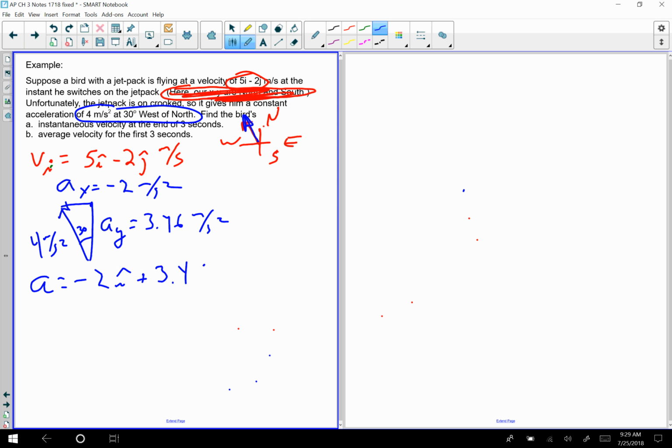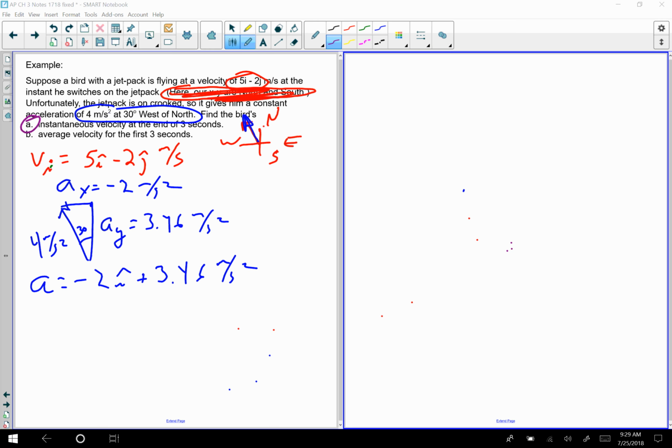Okay? Now, here it asks for the instantaneous velocity at the end of 3 seconds. Well, look, we've got a constant acceleration, so we can use our kinematics equations. So remember this equation from forever ago? Vf equals Vi plus At. Right?